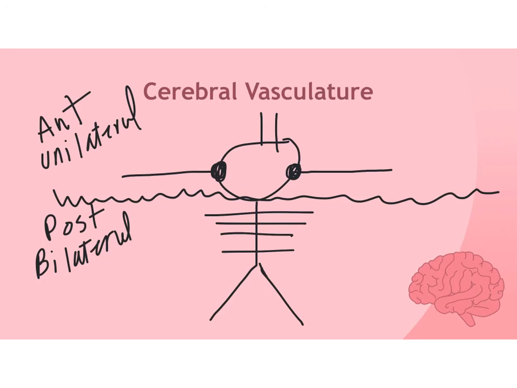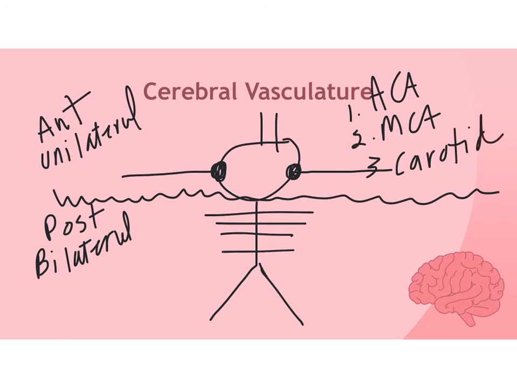There's 3 major arteries here, okay? So we'll number up 1, 2, 3. So we have an ACA, we have an MCA, and we have a carotid. Okay? So the 2 pieces of hair are the ACA, the earrings are the MCA, and the ears are the carotid.